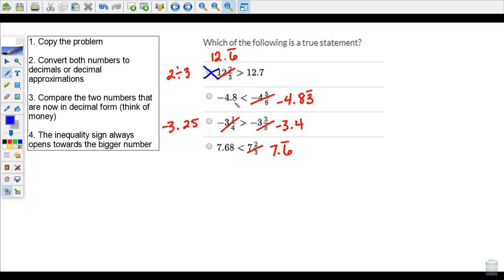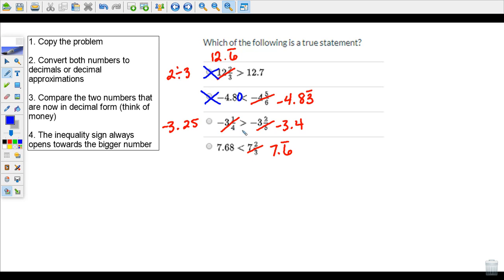In the tenths column, they both have an 8, so we need to keep going. If we add another decimal place to this, it would be 0, so 0.80. This is 0.83, so the 0.83 is bigger. But again, they were negative, so the bigger number is smaller. This inequality is saying that this is the bigger number, and that is incorrect.